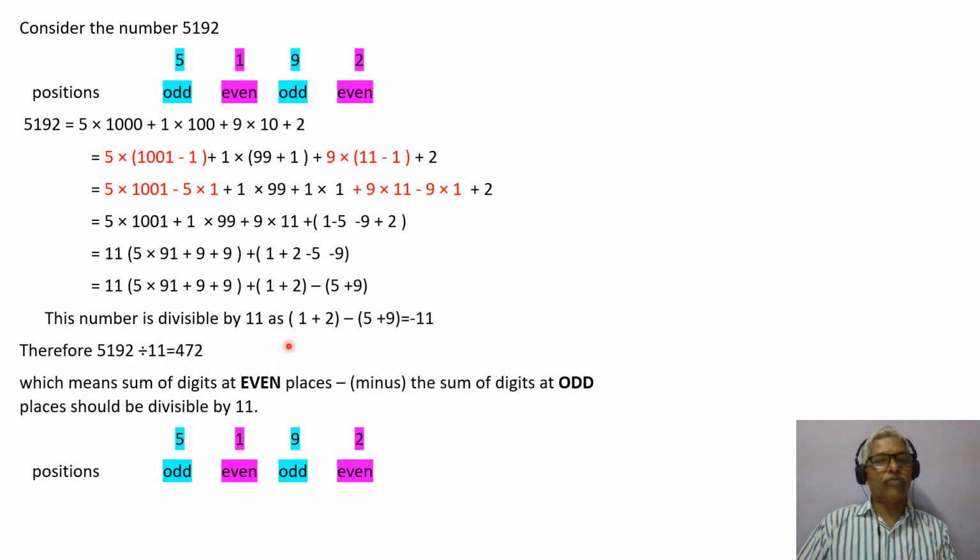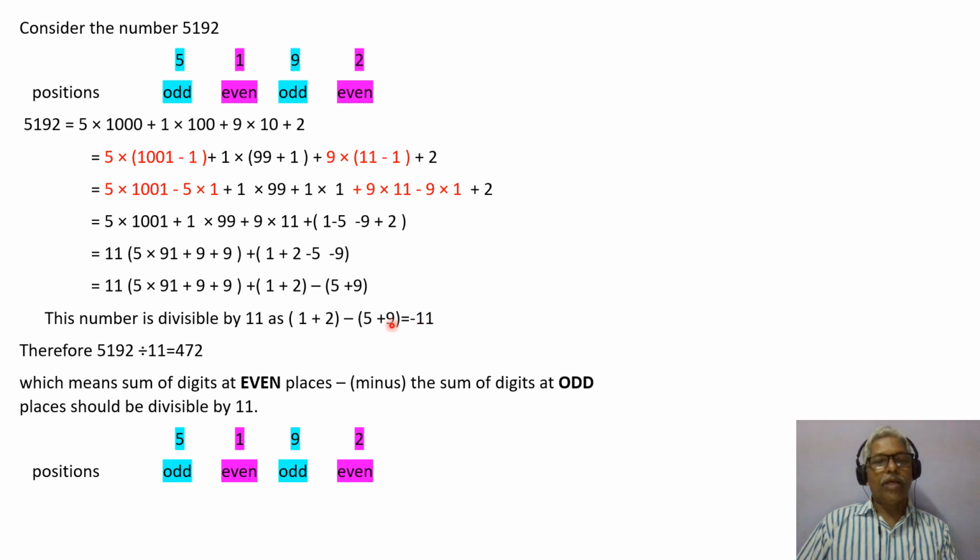This means, if you see, the sum of the digits at even places, I am writing it here, 1 and 2, minus the sum of the digits at odd places, 5, 9.